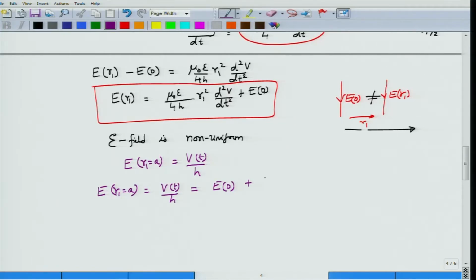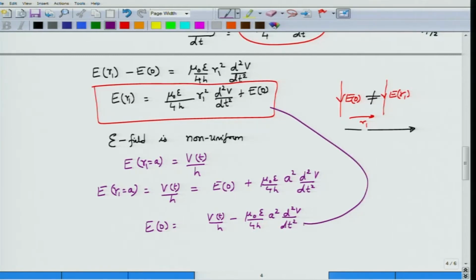So, plus mu 0 epsilon by 4 h, and r 1 equal to A becomes A square d square V by dt square. Rearranging this equation, you get E of 0 as V of t by h minus mu 0 epsilon by 4 h A square d square V by dt square.